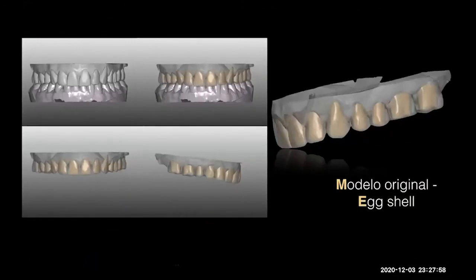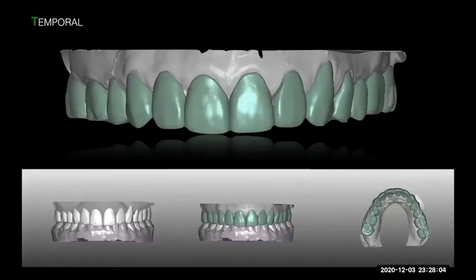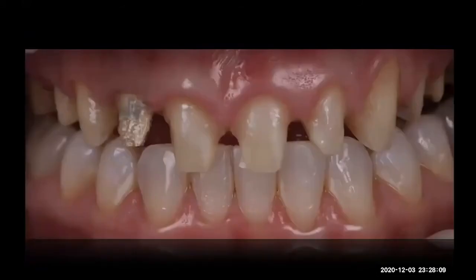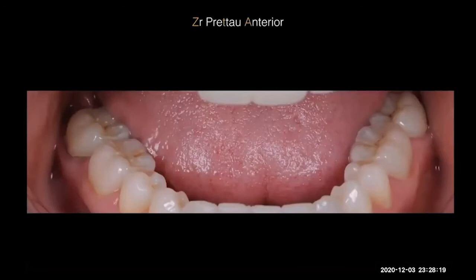And at the same time, with the same file, we developed the eggshell for the upper part. But the idea was to deliver first the lower crowns to organize the curve of Spee. Okay, and that was our protocol. Deliver first the lower crowns.